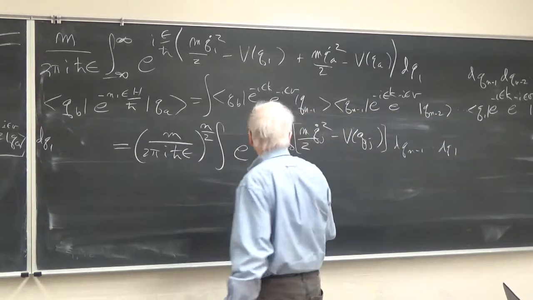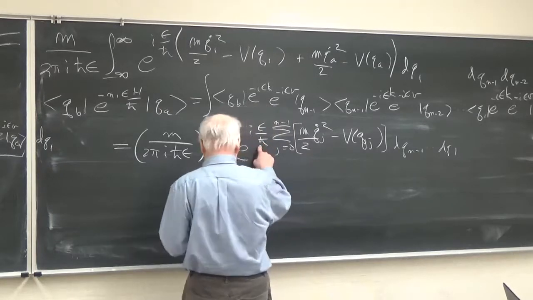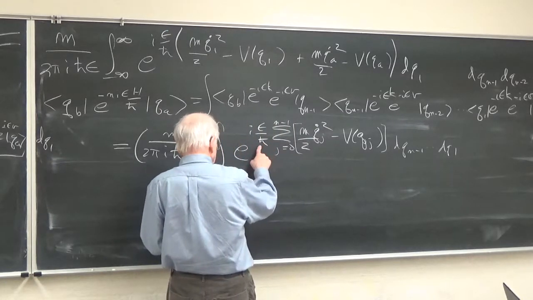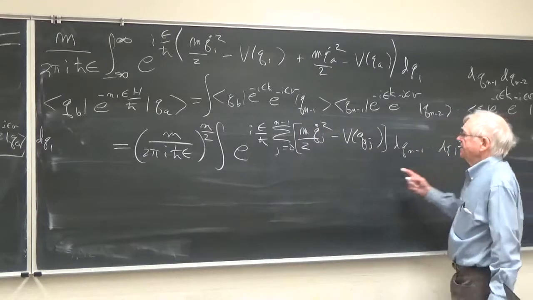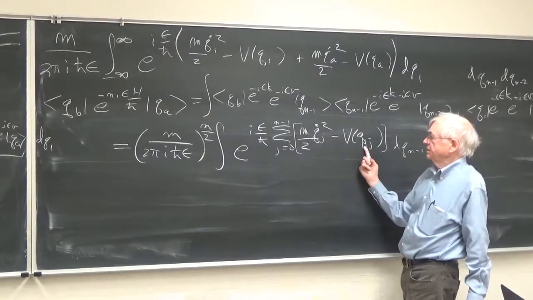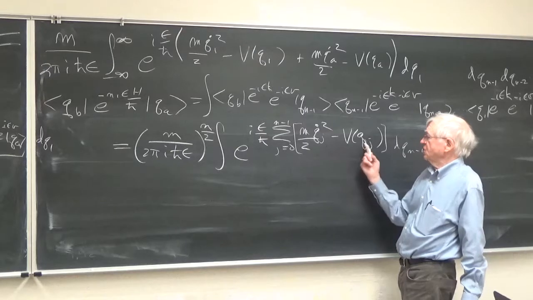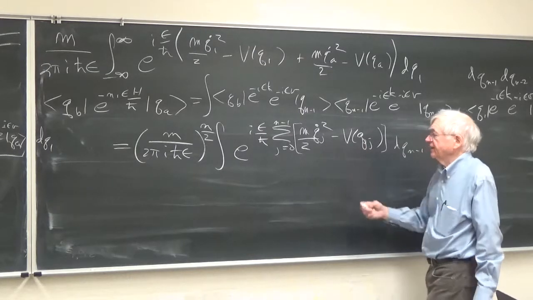And now, if we look at that, we see this is dt, or equivalently, this is the Lagrangian at qj.